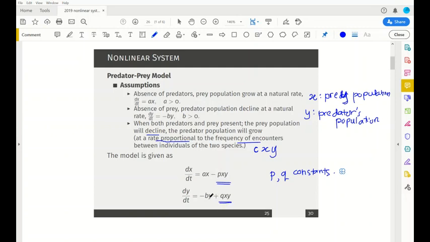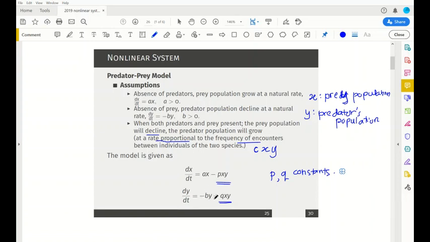While for the second equation, I explained this already. The right hand side term, negative by, comes from the second assumption. When the prey is absent, the predator may decline because there is no food. Logical meaning like that: there is no food for the predator, so its population declines at a natural rate. That's why we have negative by in this equation.